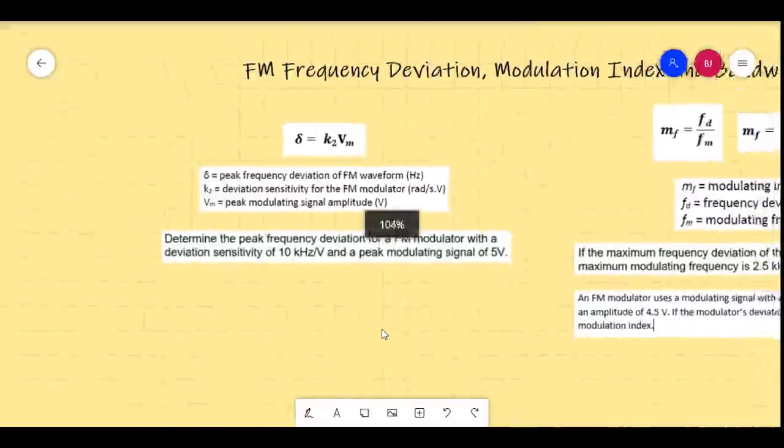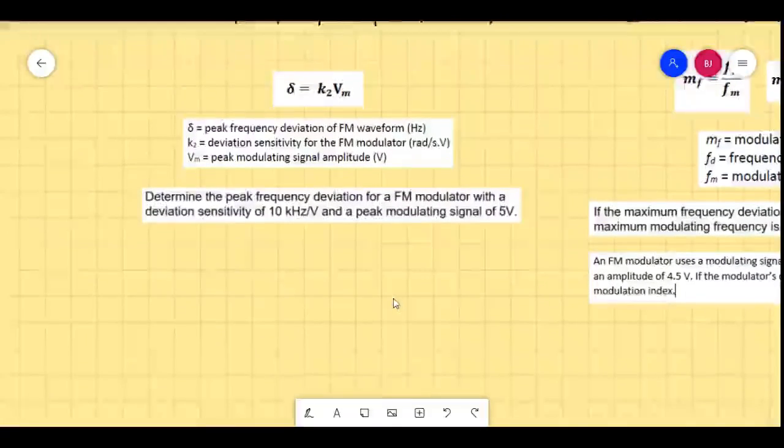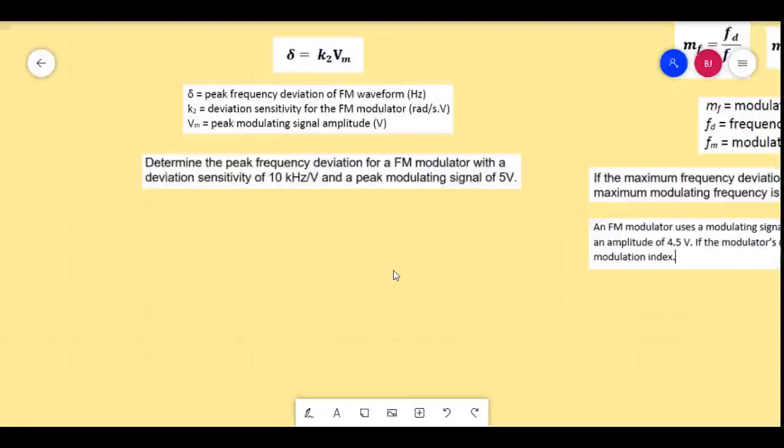So let's take a look at how we would determine the peak frequency deviation. From our formula, we have our delta here, and we just have to multiply K sub 1 by V sub m.